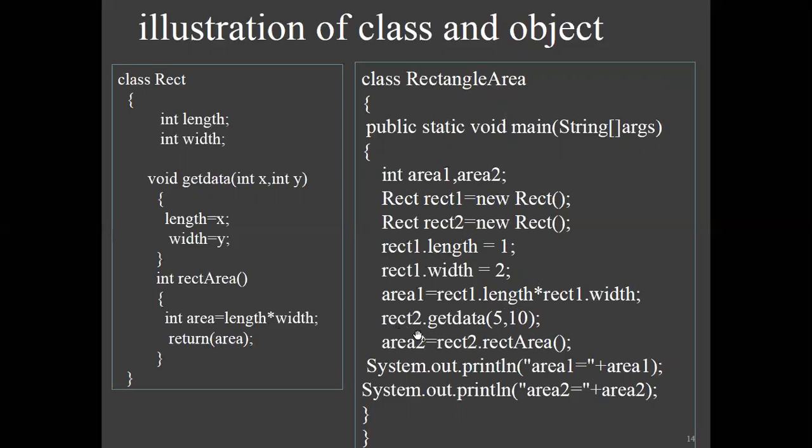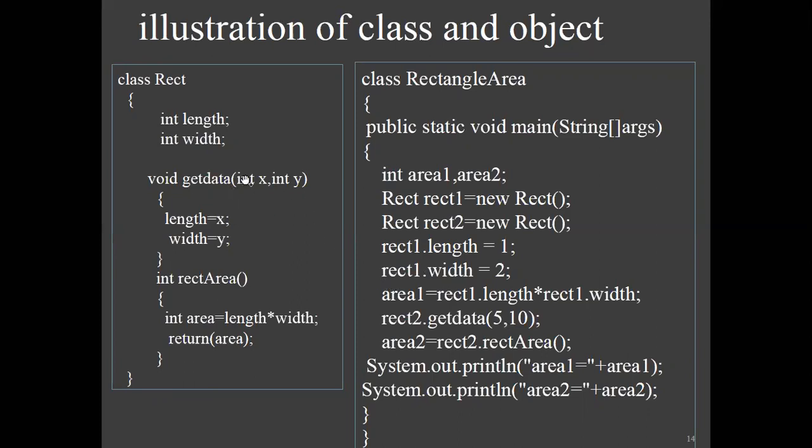Secondly, with the help of the getData function, I am passing the values 5 and 10. This getData function is responsible for assigning these values to the length and width through x and y. Once again, in the second method I am using the rect2 object, and with getData I am passing 5 and 10.